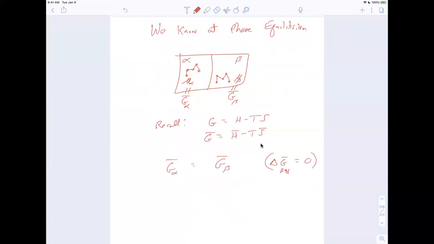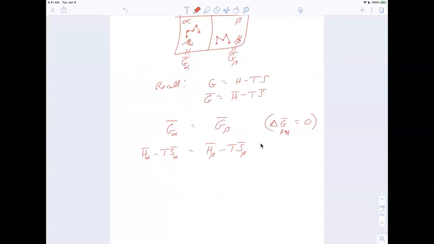So this is just H bar alpha minus T S bar alpha is equal to H bar beta minus T S bar beta. So we collect all of these things: H bar alpha minus H bar beta is equal to T times S bar alpha minus T times S bar beta.